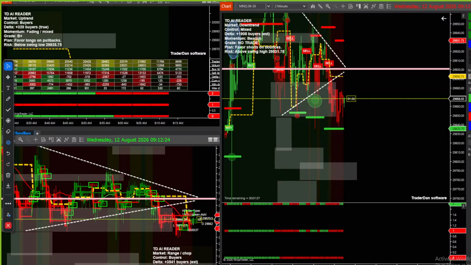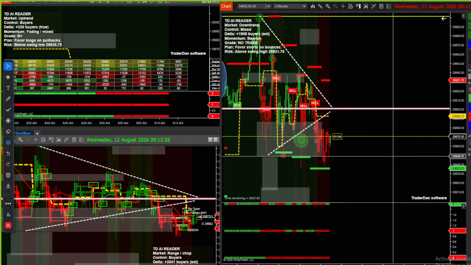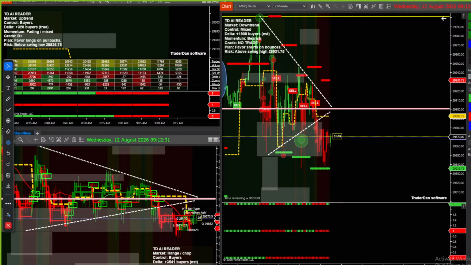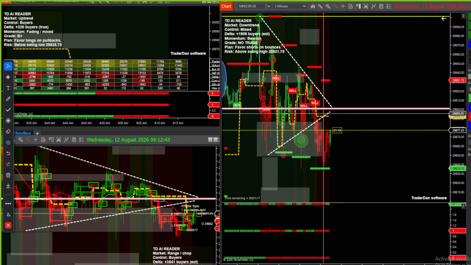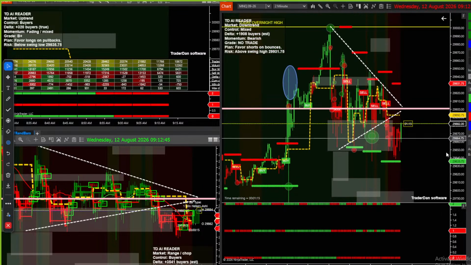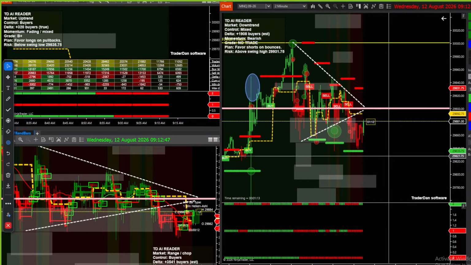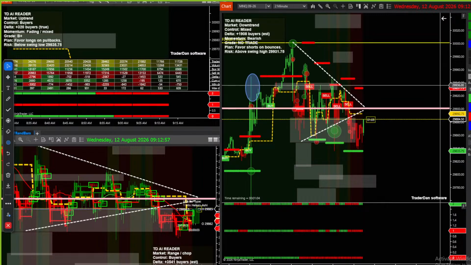There's the long. Is it going to take place? Right back up. No follow through on the short. Buy the dip, sell the rip. What is the rip, though?